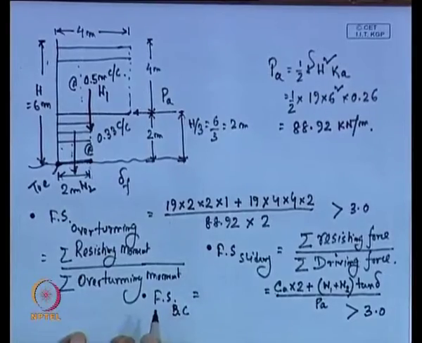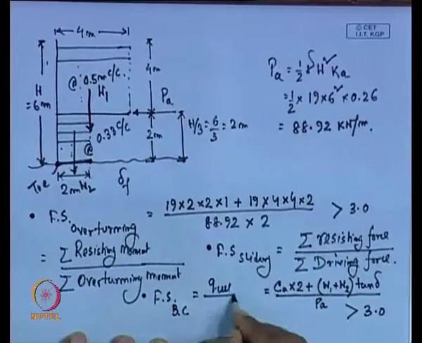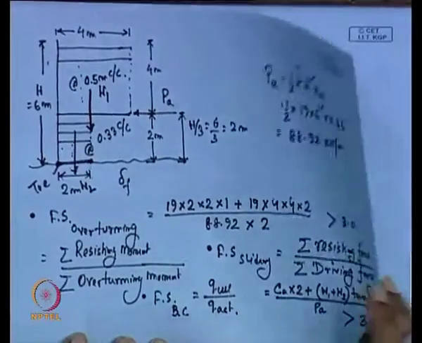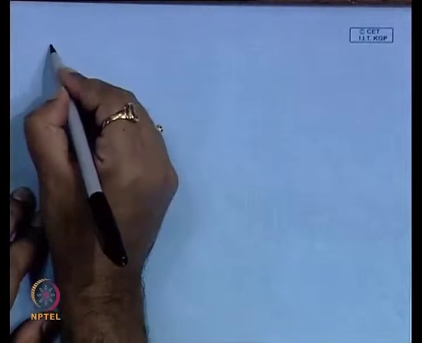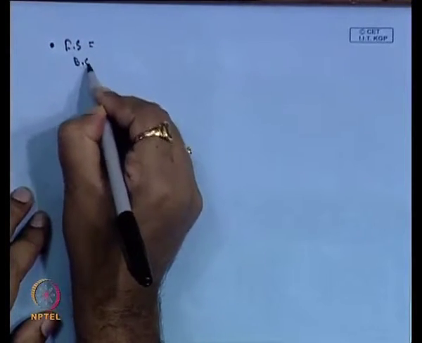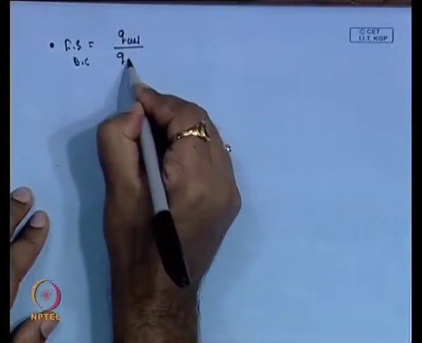Now, how to calculate the bearing capacity? That means Q ultimate divided by Q acting. So, how to calculate the Q ultimate and Q acting? We consider the last factor of safety, that is bearing capacity, Q ultimate by Q acting.